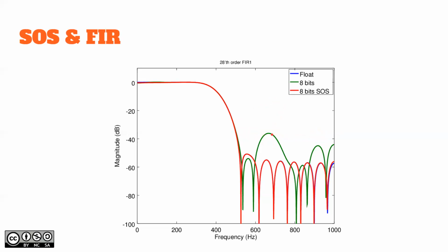So, okay. But if you break this FIR filter into second order sections, then you get that required attenuation back. So, okay, fewer calculation errors.